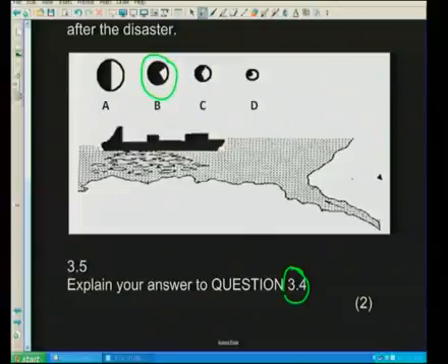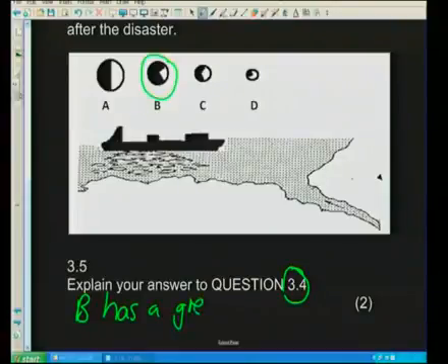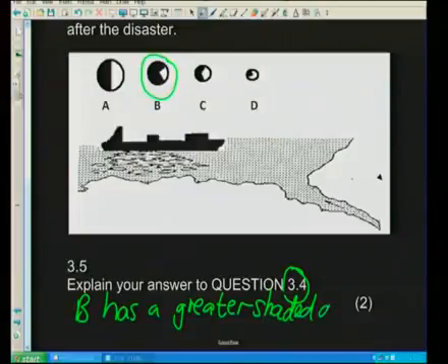All right, you're going to say B. Y has a greater shaded area. And that's all they want from that answer. And lucky, you're going to get 2 marks for saying that that area had the largest shaded area. So that is your explanation for question number 3.5.